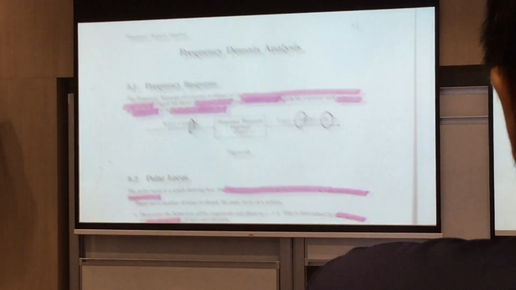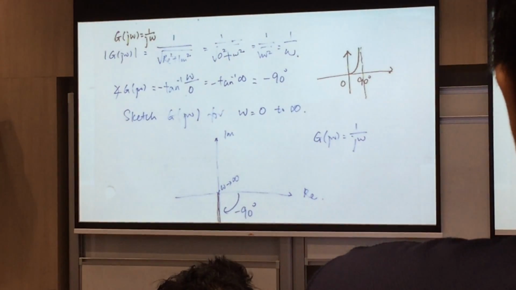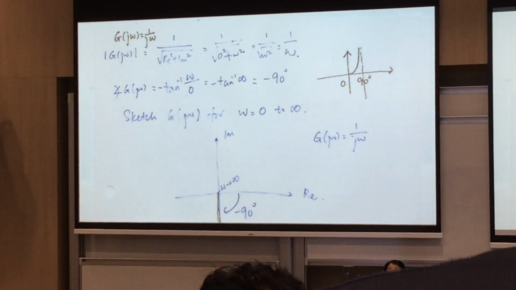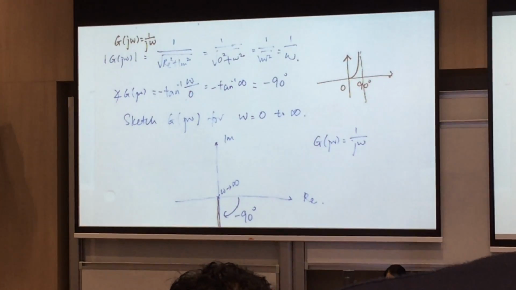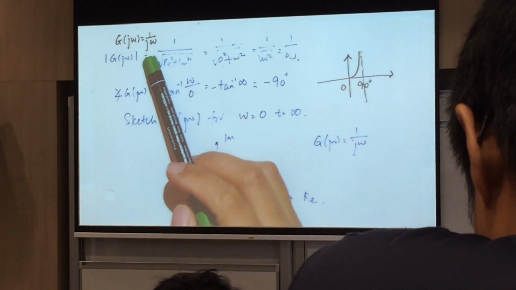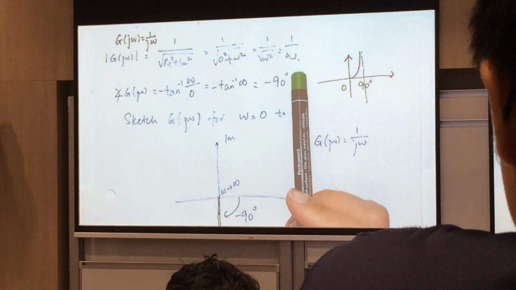So we've gone through a few simple examples like this. If you have G(s) equals 1 over s, so G(j omega) is 1 over j omega, I hope all of you can tell me that the gain of this is 1 over omega.